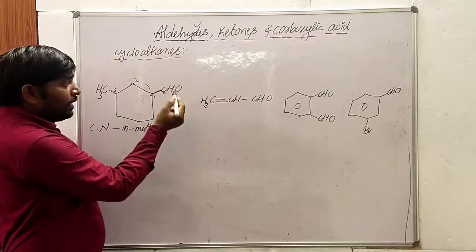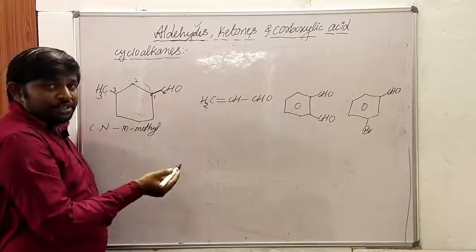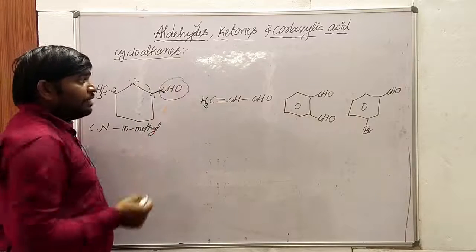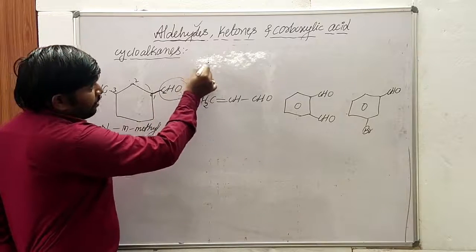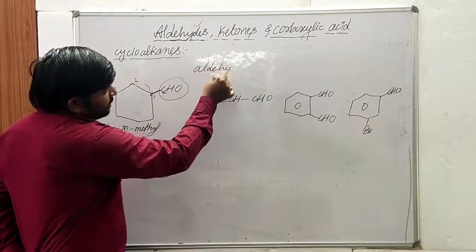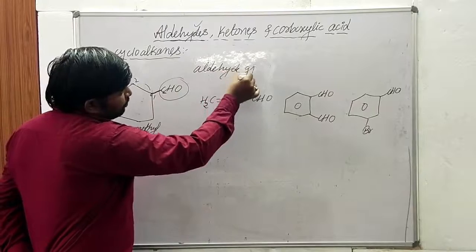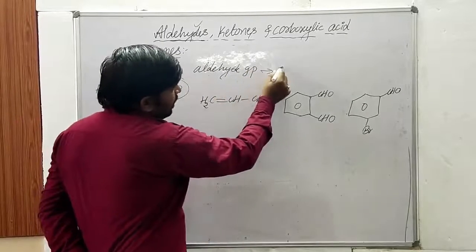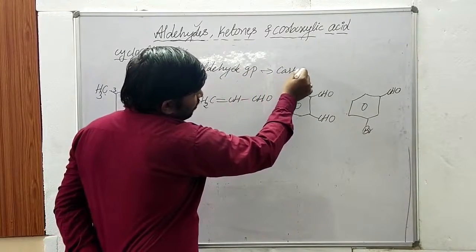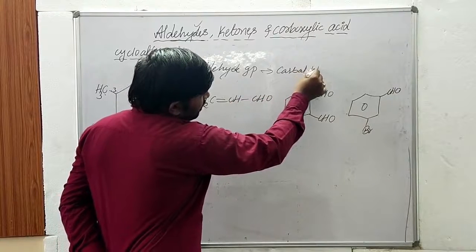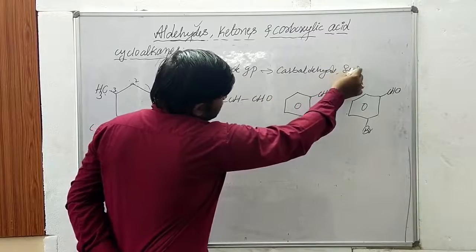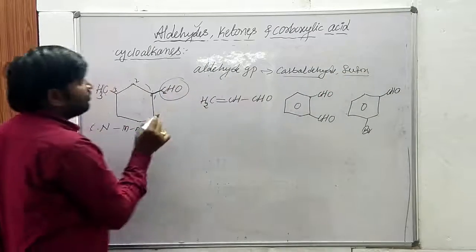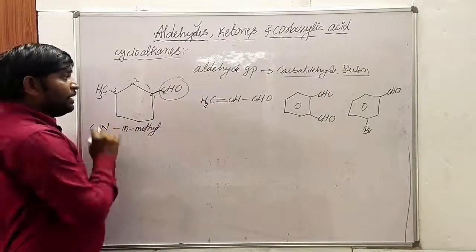cyclohexane carbaldehyde. The suffix for the cyclic compounds: in cyclic compounds, for the aldehyde, we use carbaldehyde. So the aldehyde group is used as carbaldehyde. What is the suffix for the aldehyde group in aromatic or cyclic compounds?